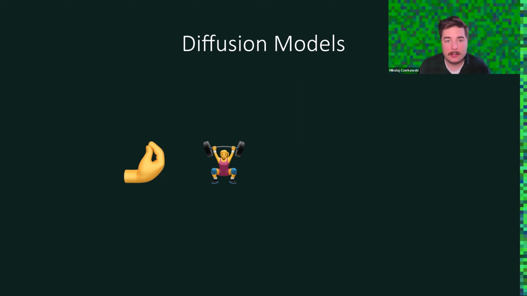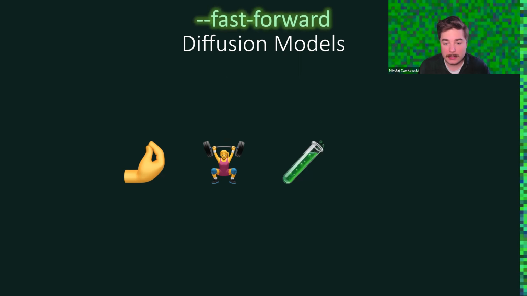So what Fast Forward attempts to do is provide a place for experimentation where you can basically learn and explore the features of denoising diffusion for images without paying the price of long training and high capability computing resources.